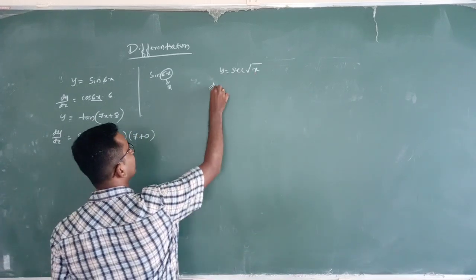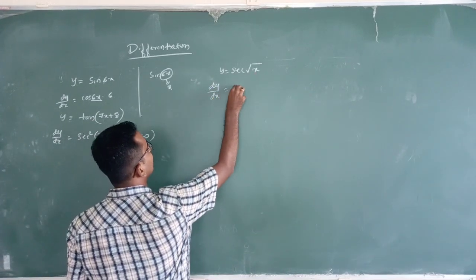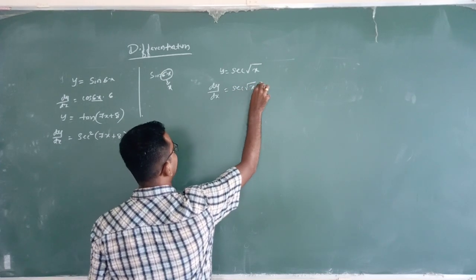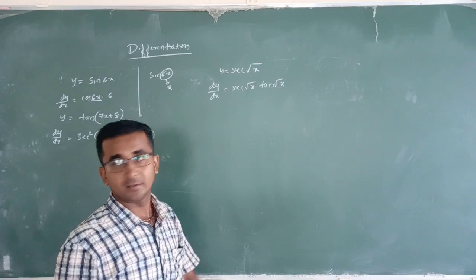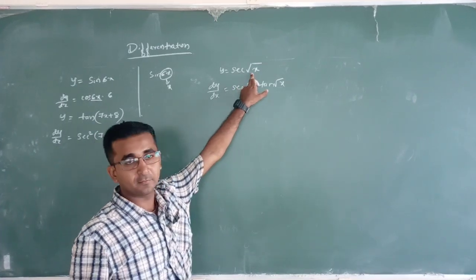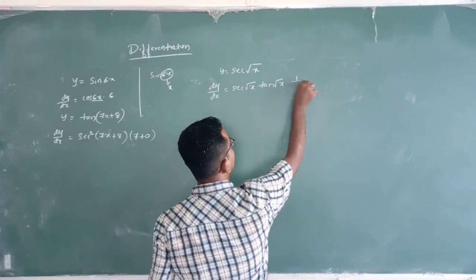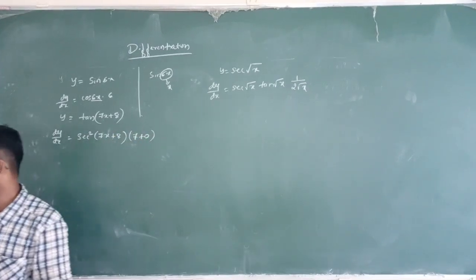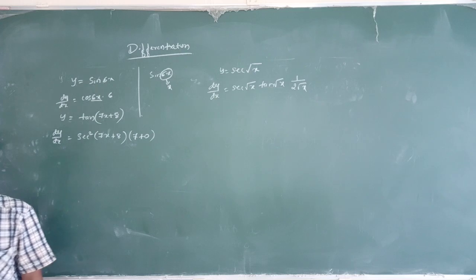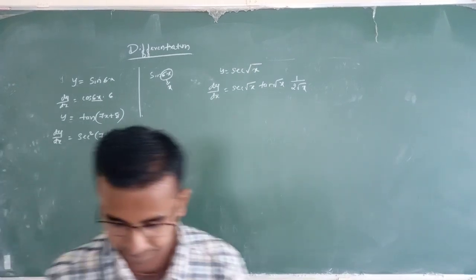Then differentiation of sec of x is sec x into tan x. That is finished. Then differentiation of root of x is 1 divided by 2 root of x. Very simple.